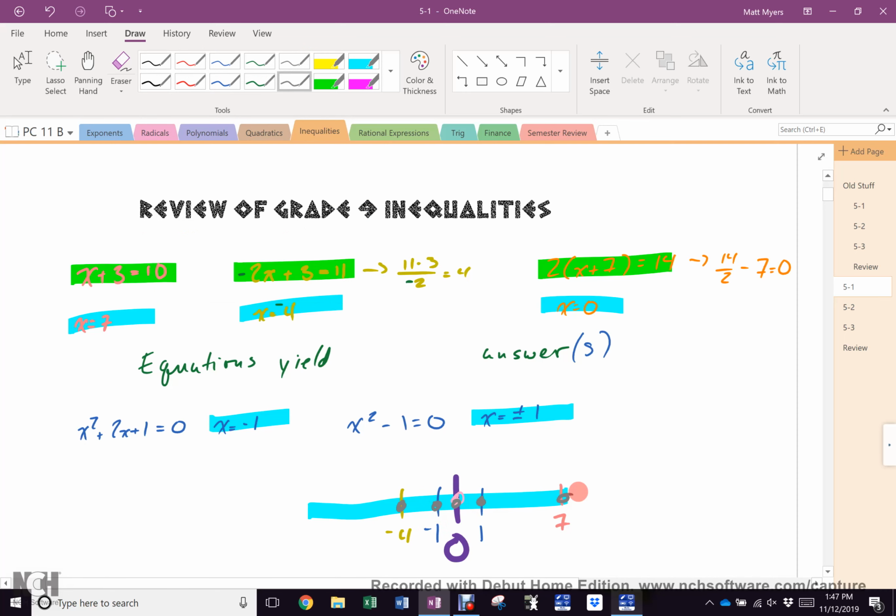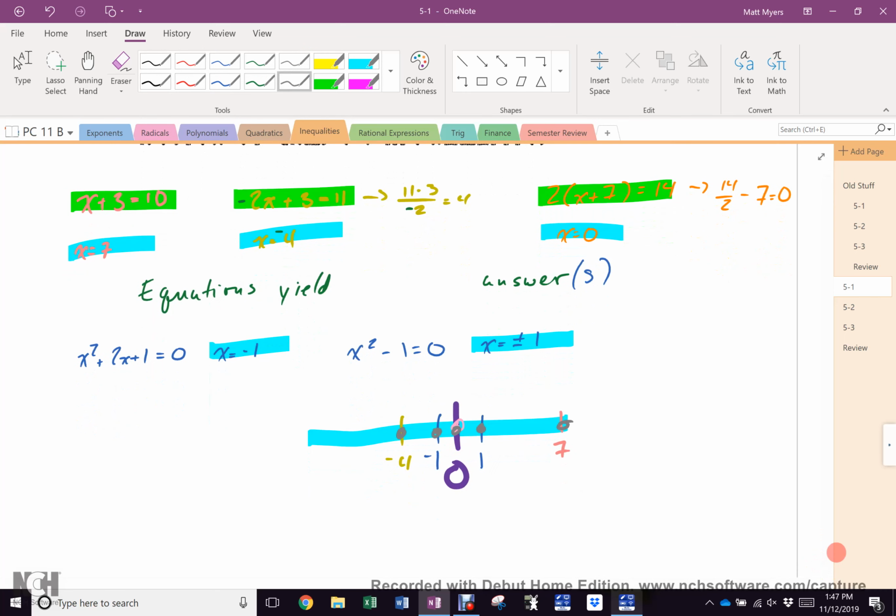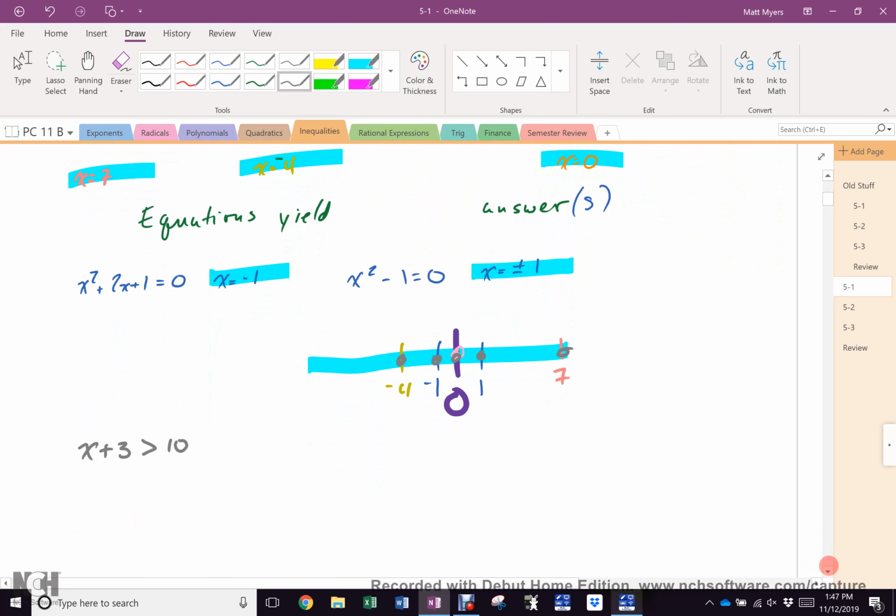Everybody cool? All right. So now let's change this to x plus 3 is greater than 10. Now what happens? There's no equal to.